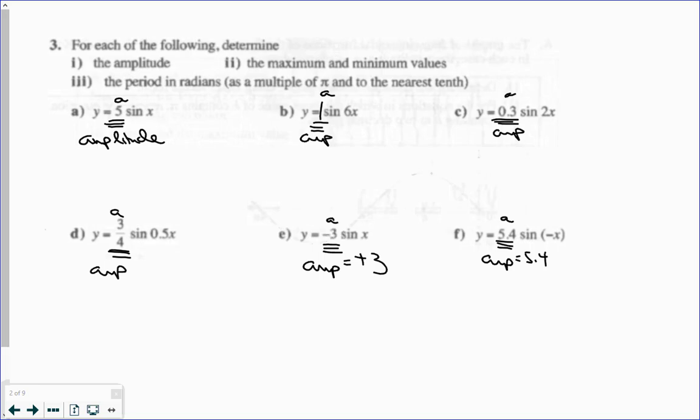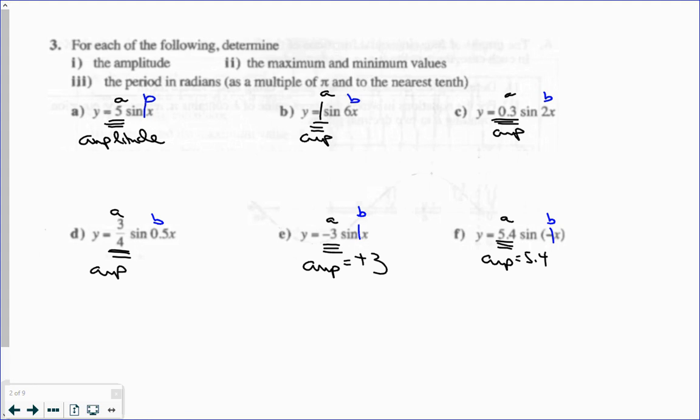Now, the next number is the number that appears between the word sine and the letter X. If there is no number there, please put a 1 in. This is referred to as the B value. So here it would be -1. Here is 1. Here is 0.5.